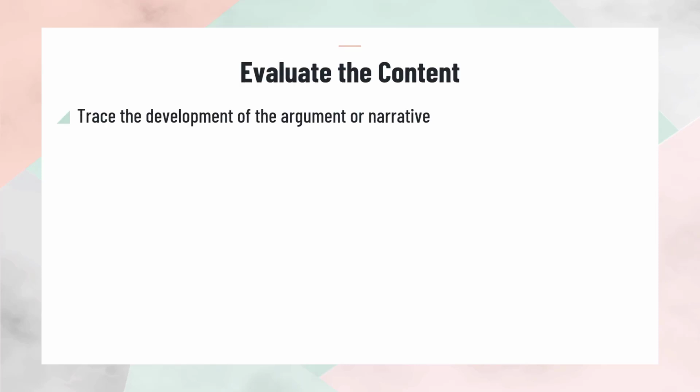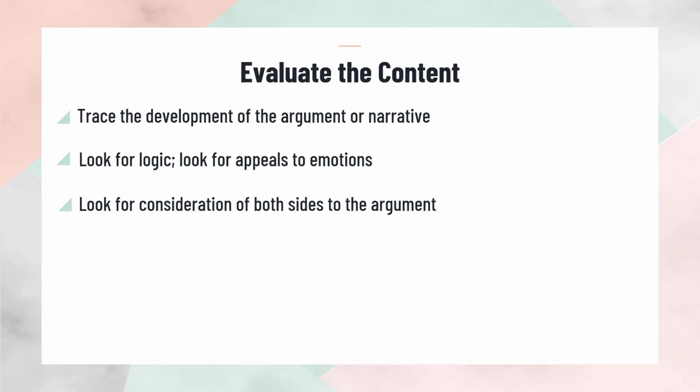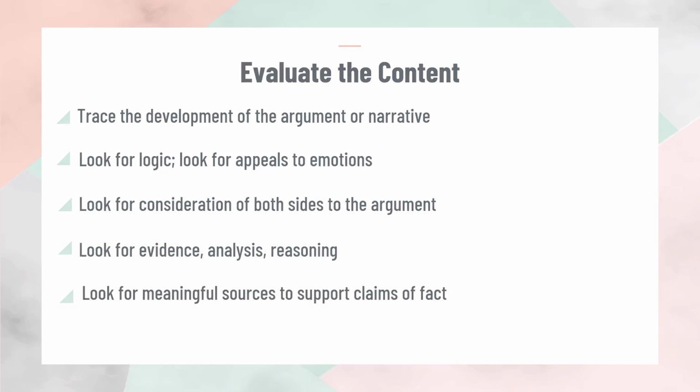The first, you have to trace the development of the argument or narrative. The second one, look for logic, look for appeals to emotions. And the third, look for consideration of both sides of the argument. And next, look for evidence, analysis, and reasoning. The last one, you have to look for meaningful sources to support claims of fact.